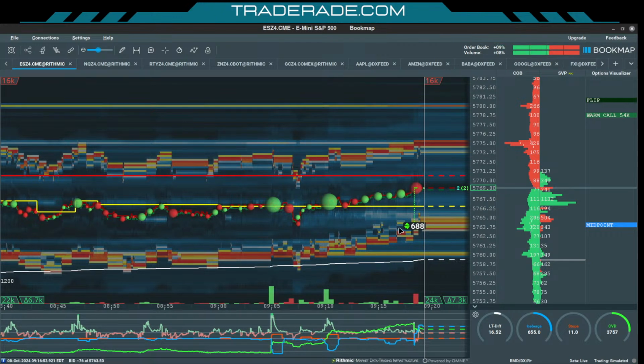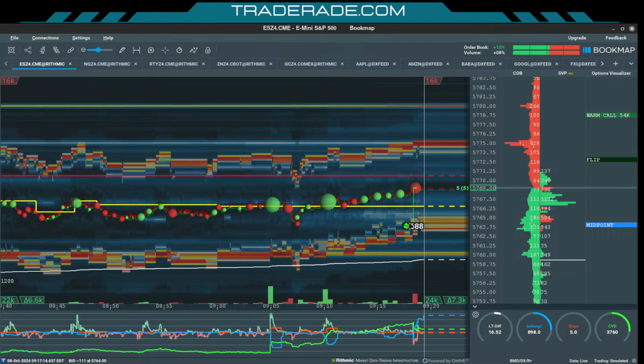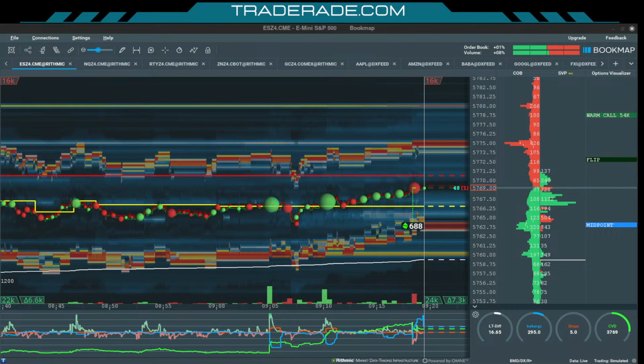And we see just a little bit of passive buying here. We're about 10 minutes away from the market open. S&P futures trading 57.69 with cash implied to open up 0.43%.